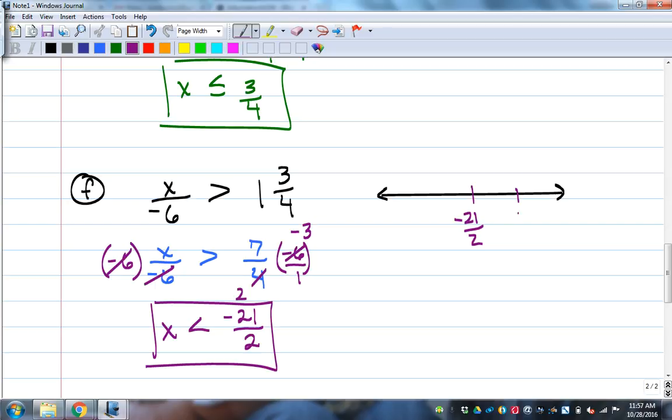It'd be -20 over 2, which is -10. -19 over 2. -11. -23 over 2. Okay, so I'm just increasing the numerator, and then simplifying the fraction that exists there. So it'd be an open circle. Going left or right? Left in this case.